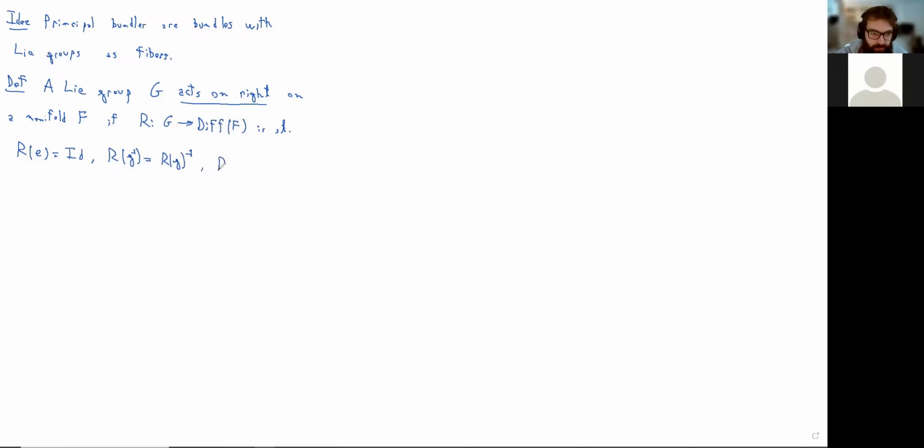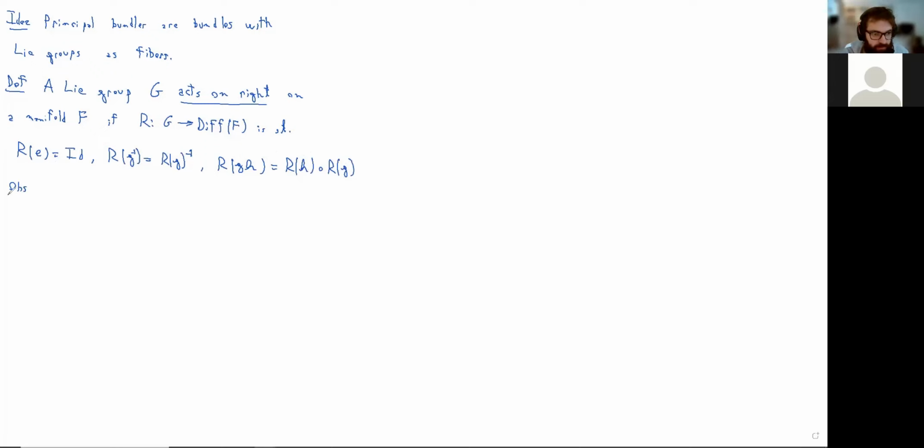And so far this looks like we're defining just a morphism of groups, but this last one tells us that we're not talking about a morphism of groups. We have this kind of anti-morphism of groups in which you invert the order of the operation. Okay, so instead of GH, you do first H and then G.